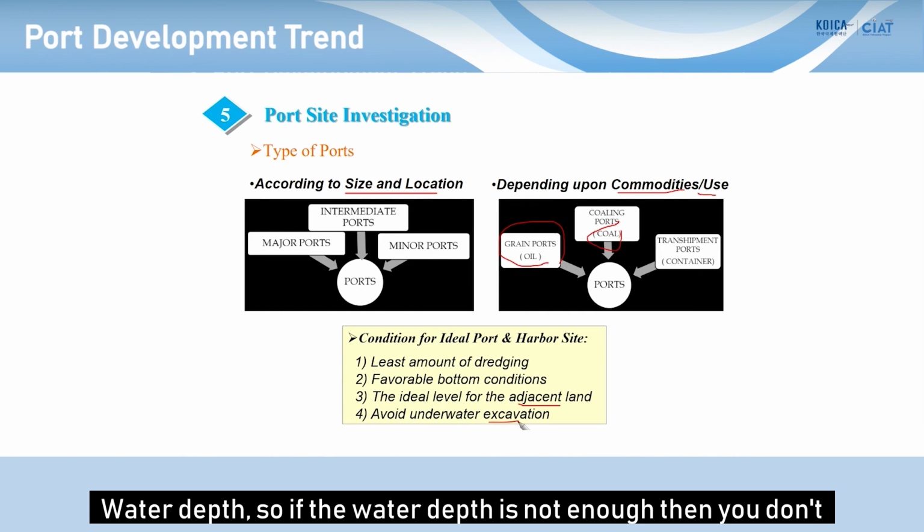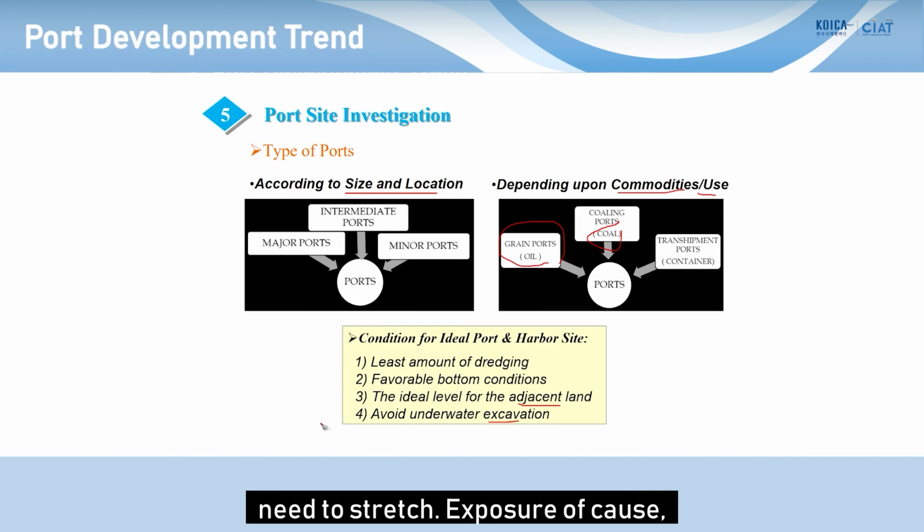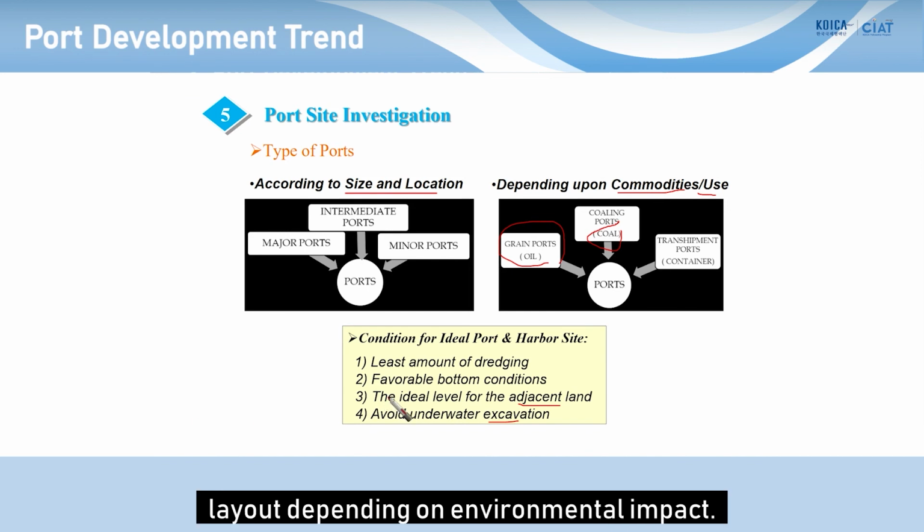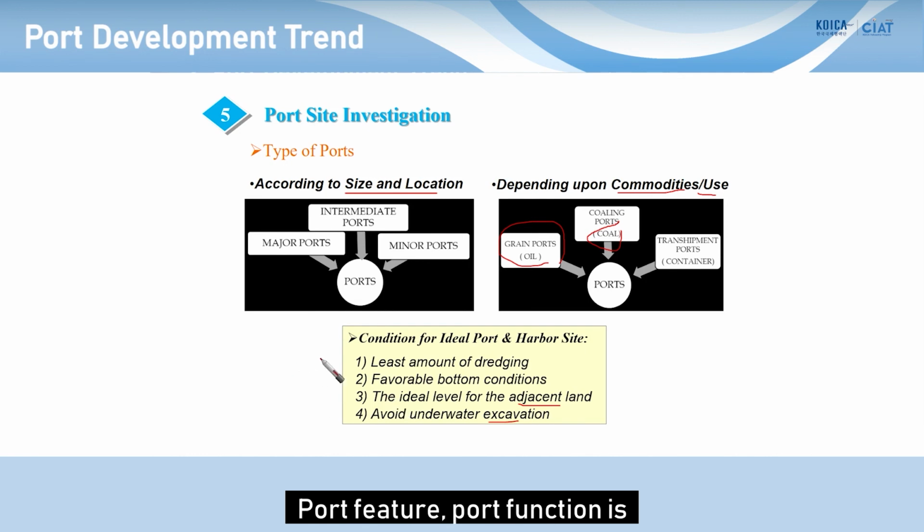So if the water depths are enough, then you don't need to dredge. Exposure of coast, that means the environmental impact from wind, waves, current, and the harbor orientation and layout. It's a platform layout depending on this environmental impact.